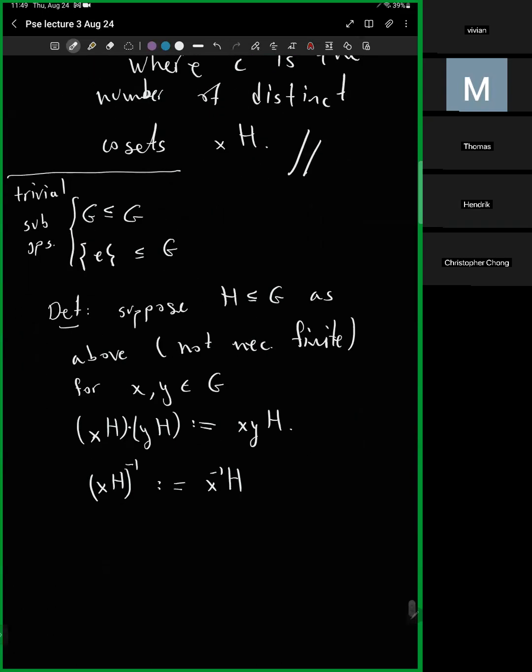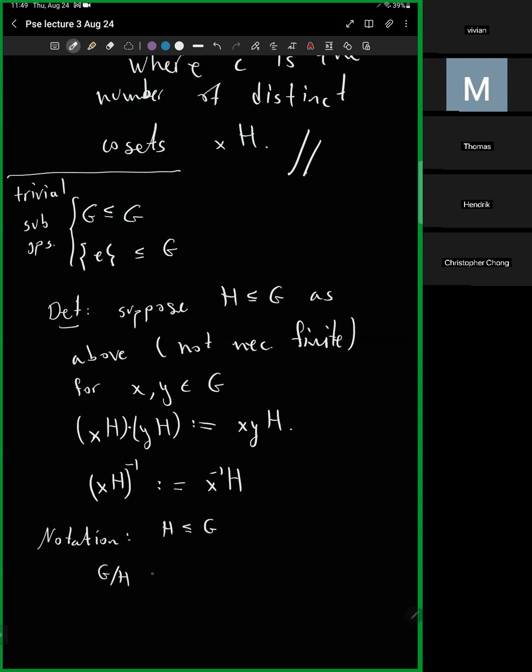Okay, so notation. You have a subgroup H of G, and the set of all cosets.